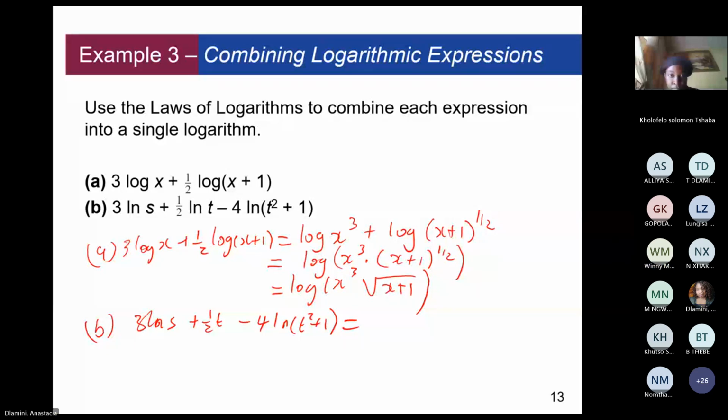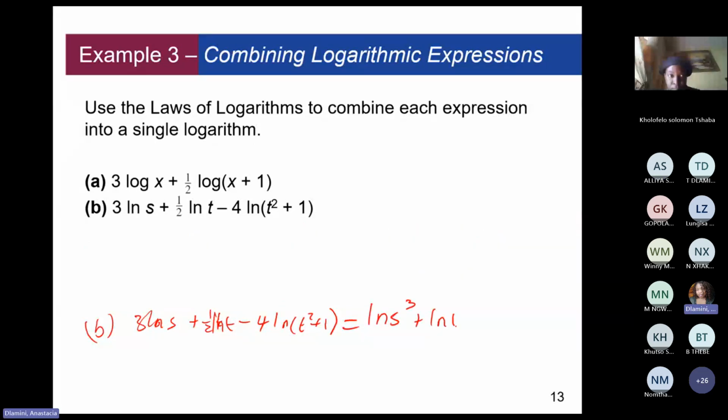So it's ln s to the power of 3, plus ln t to the power of half, minus ln of t squared plus 1 all to the power of 4.